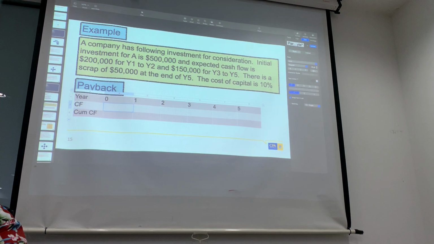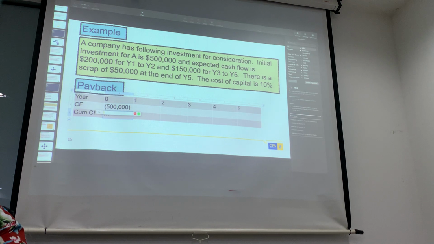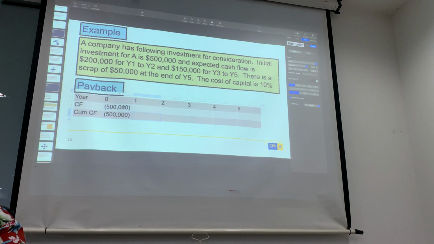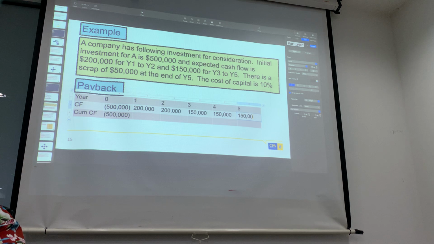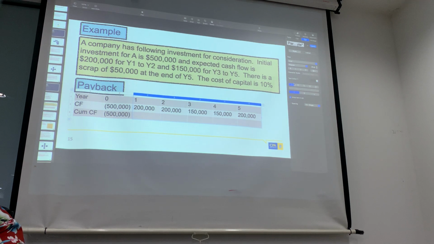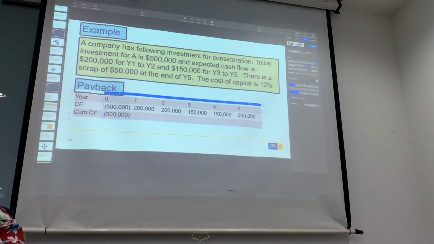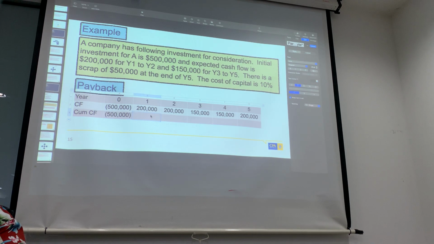So here you put, then you put in the numbers as you can see them. Are you okay with this one? Okay, next.